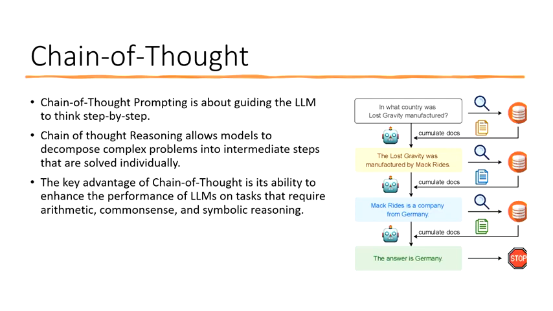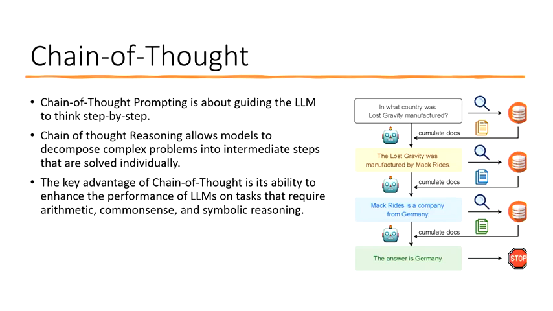So here, for example, you can ask it a question like, in what country was Lost Gravity manufactured? And then it will try to search the internet, right? And it can accumulate some documents. Based on that, it says okay, Lost Gravity was manufactured by Mack Rides. But it is not the final answer.